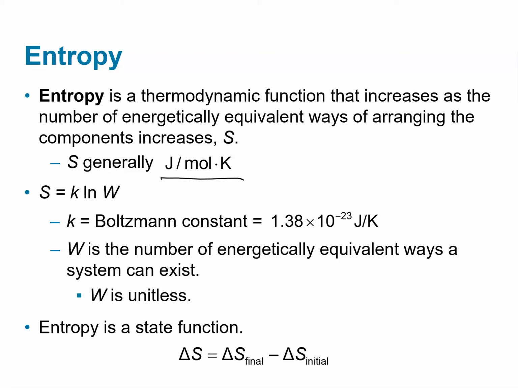So what we're looking at with this definition of entropy is that it relates Boltzmann's constant, which is just a term of joules per unit Kelvin temperature of a particle in a gaseous phase, to W, which is the number of energetically equivalent ways a system can exist, which is unitless. And that W is talking about the combination of macrostates and microstates, which we'll elaborate on in a few slides.